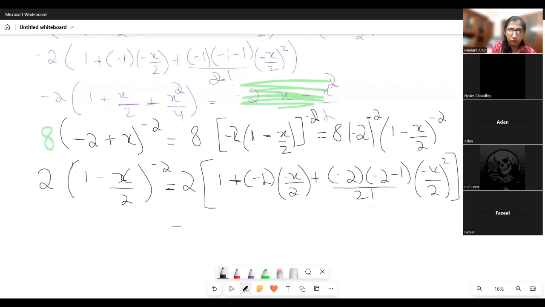So that would be 2 times 1 plus x minus 2 times minus 2 minus 1 divided by 4 divided by 2 factorial is giving me 3 by 4 plus 3 by 4x square.